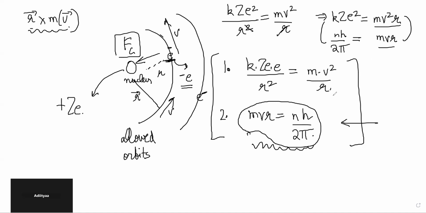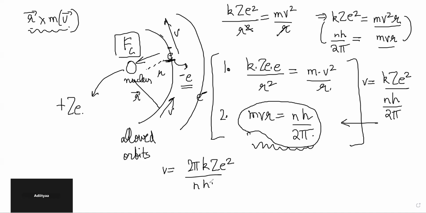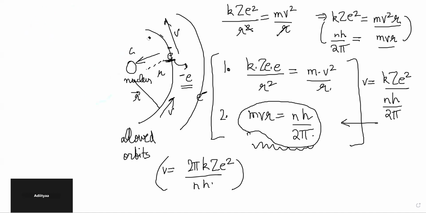So we'll get v is equal to kZe square by nh by 2 pi. So the velocity of the electron is coming out to be 2 pi kZe square by nh. Do you understand? Great. That is a very important result. We will see the value of it soon.